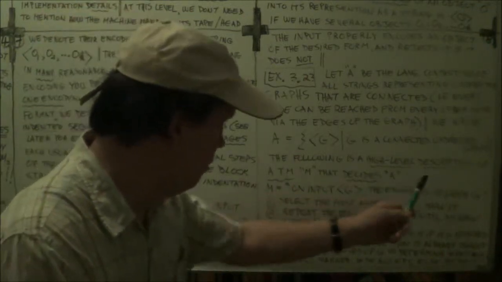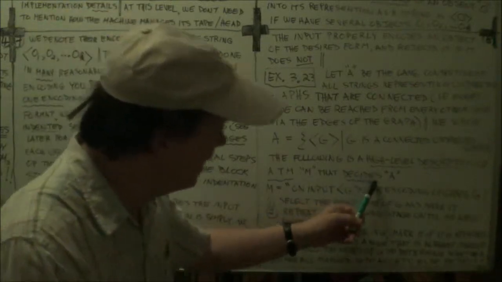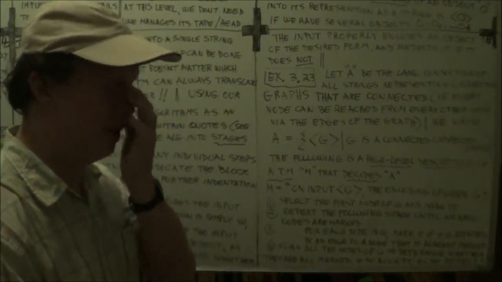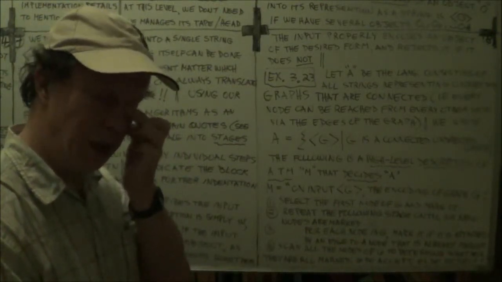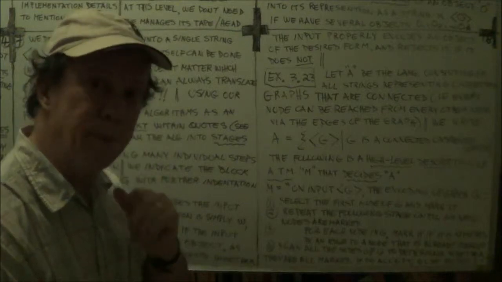And this machine called M, it's a Turing machine M, it decides, not recognizes, it decides A. So in other words, there's no looping. This machine M does not loop. It either accepts a string or it rejects it, and that's it. There's no third possibility. It's a decider, not a recognizer.